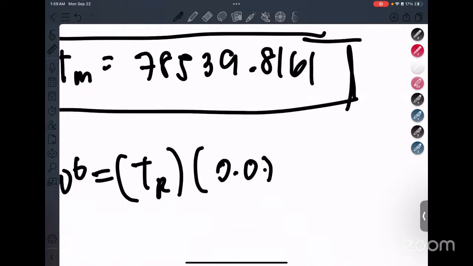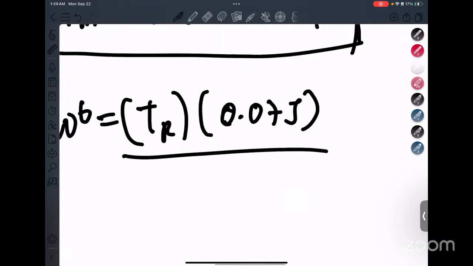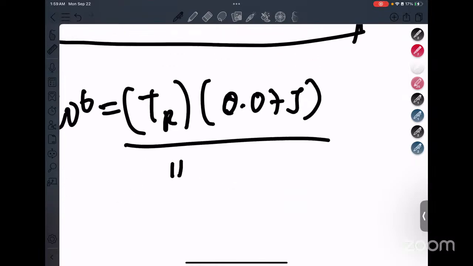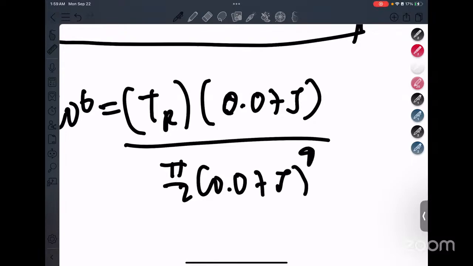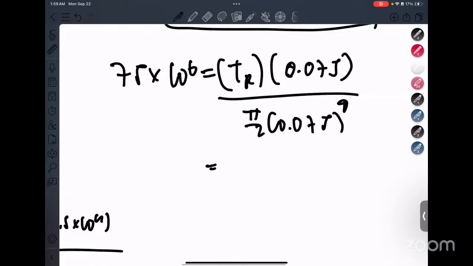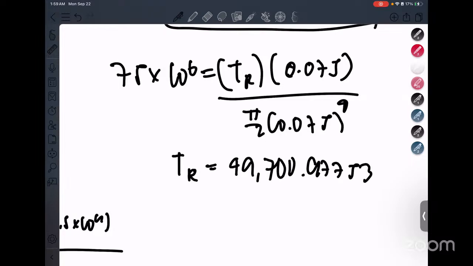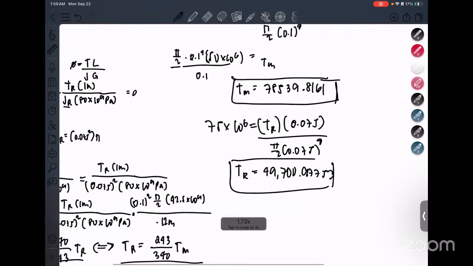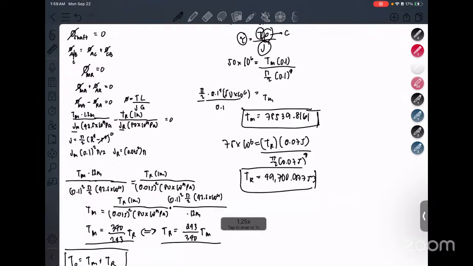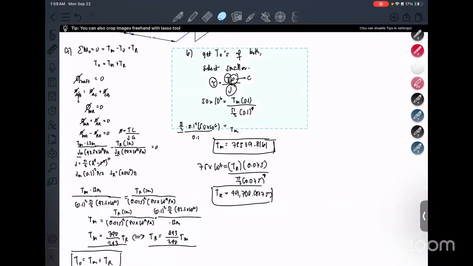So this is just the radius, pi over 2 times 275 raised to 4. Again, when you rearrange this, it's just one equation, one unknown. So idediretso ko na Tr is equal to 49,700.97753. So again, these are the maximum torsions for that specific point.